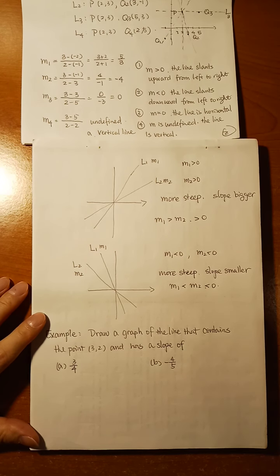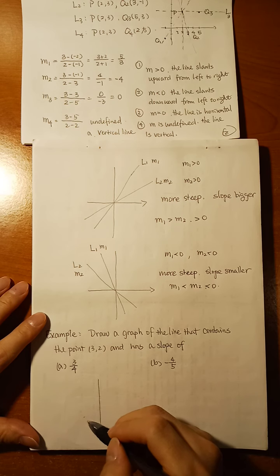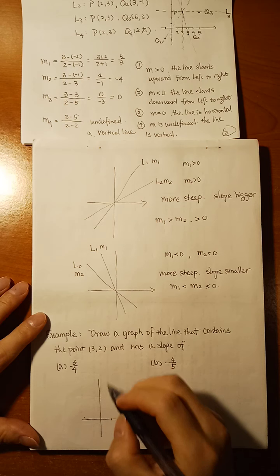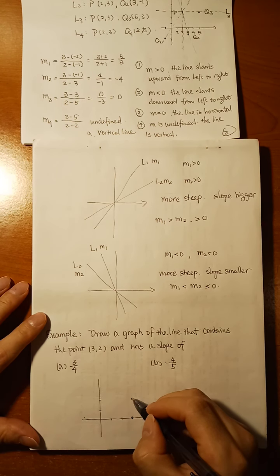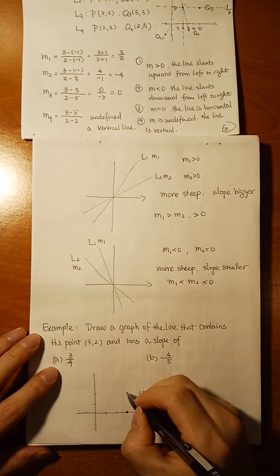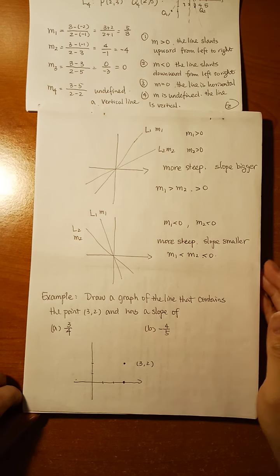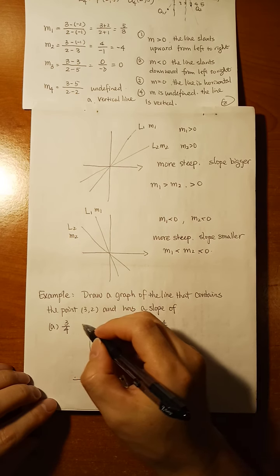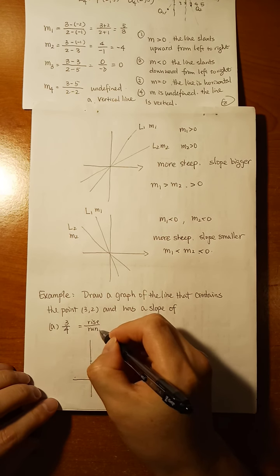The idea is the following. First, you label this point 3, 2. The line must pass through the point. Then we are going to use the condition of the slope. How do we use the condition of the slope? Remember, this is rise over run.